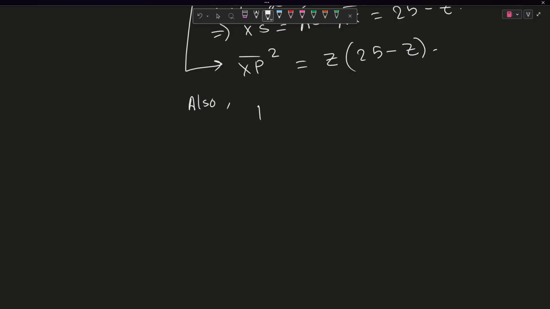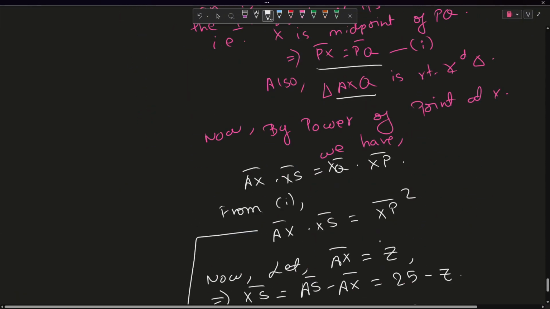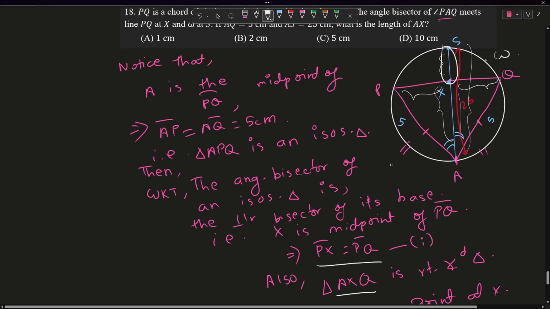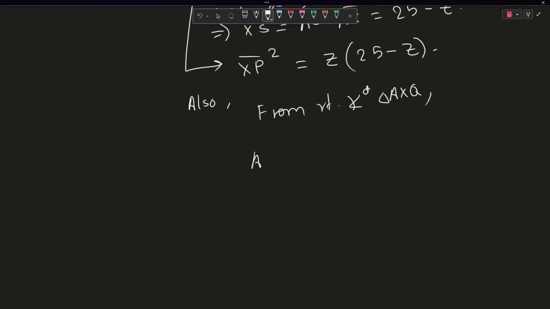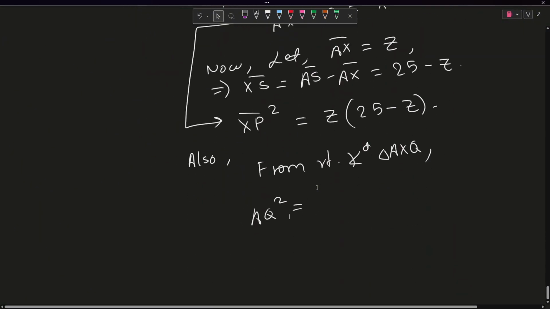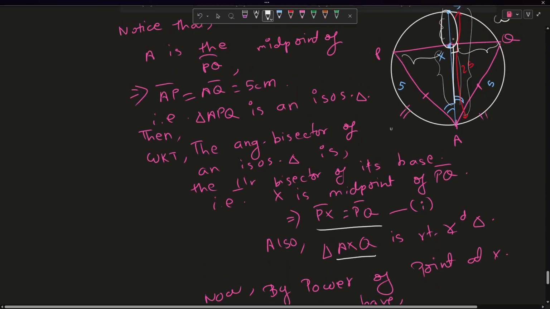Also from the right angle triangle, using the Pythagoras theorem. Since AXQ is a right angle triangle, so is AXP.